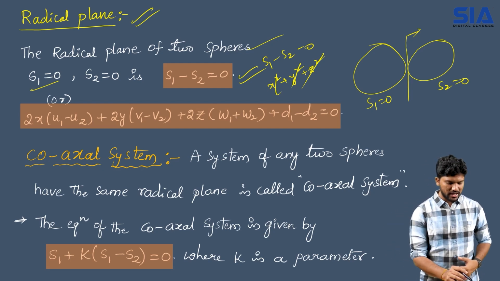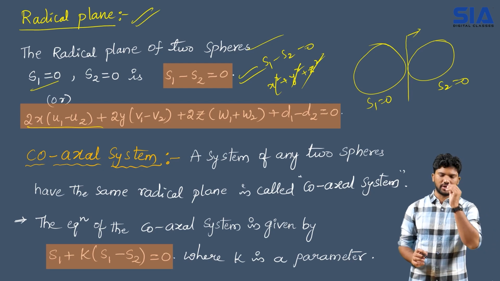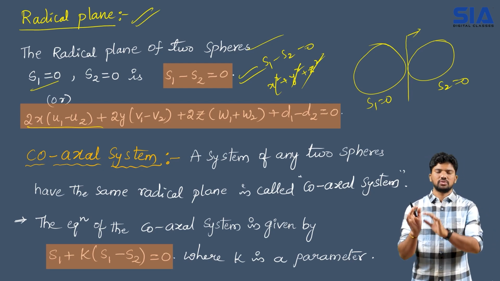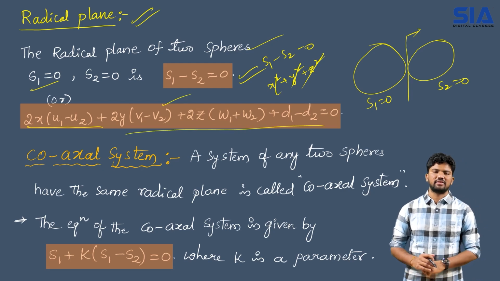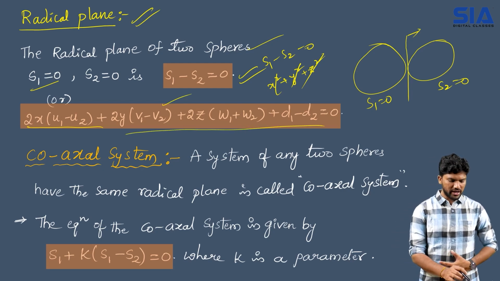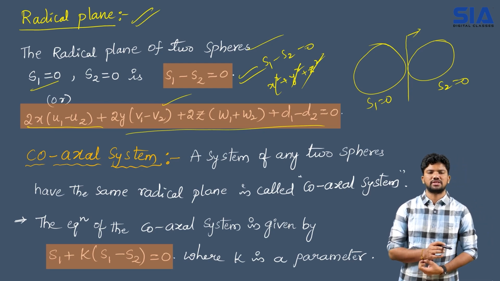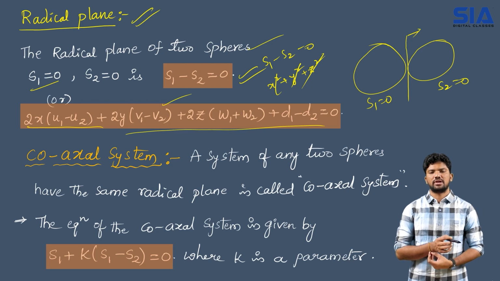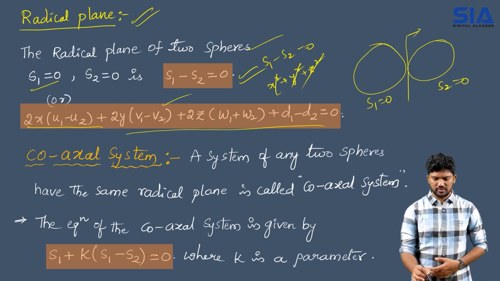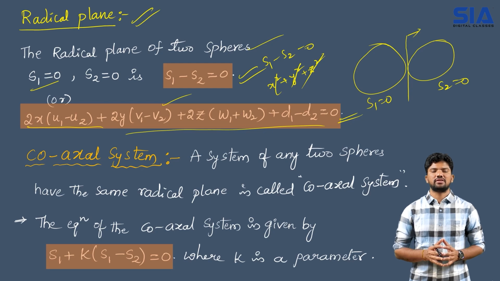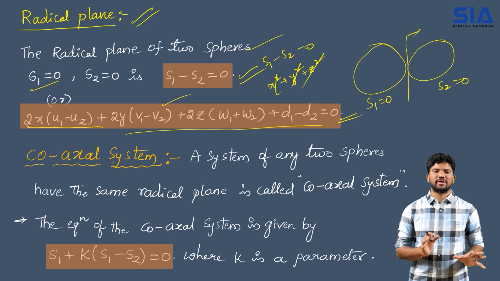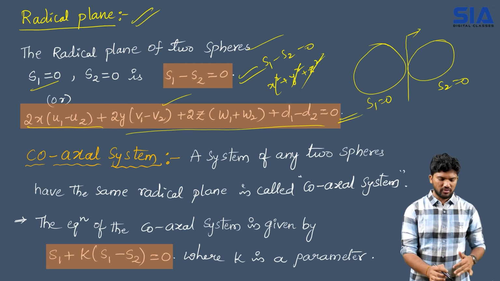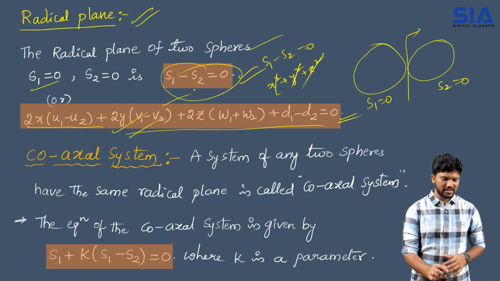Then for the remaining terms, if you take 2x, 2y, 2z common and simplify, you will get an equation in this format: 2x(u1 minus u2) plus 2y(v1 minus v2) plus 2z(w1 minus w2) plus d1 minus d2 is equal to 0. This total equation gives you the radical plane. So simply remember S1 minus S2 is equal to 0. Even if you apply this condition, you will get this process only.